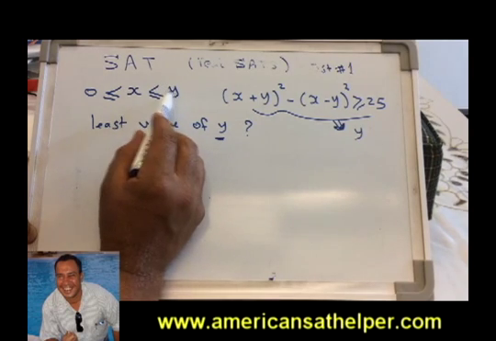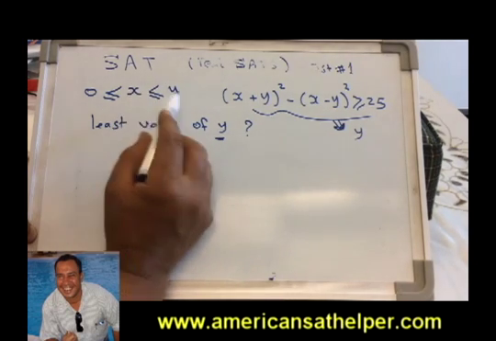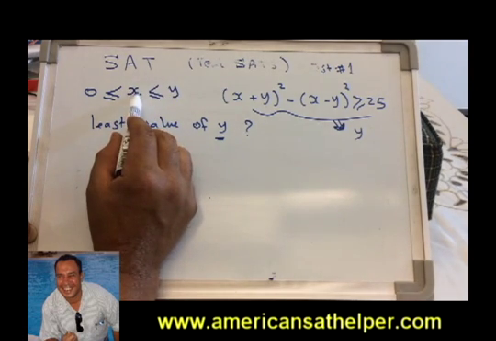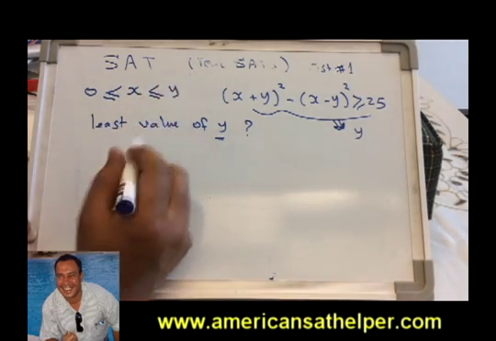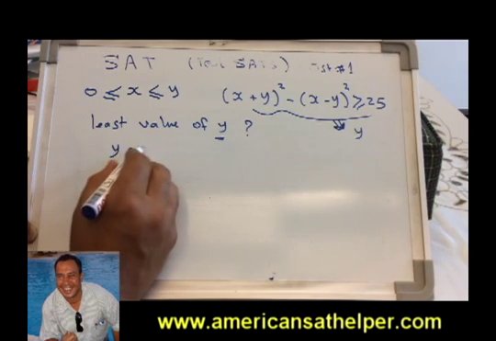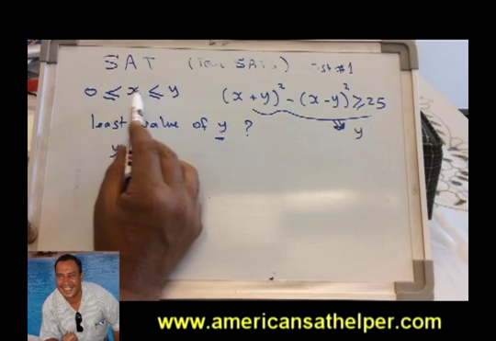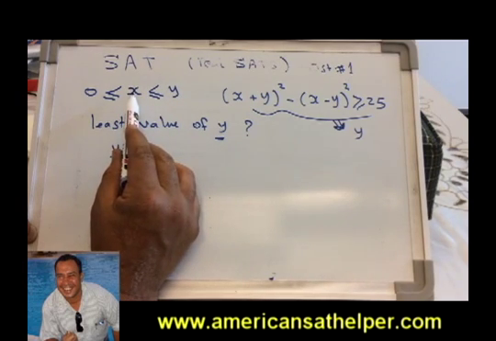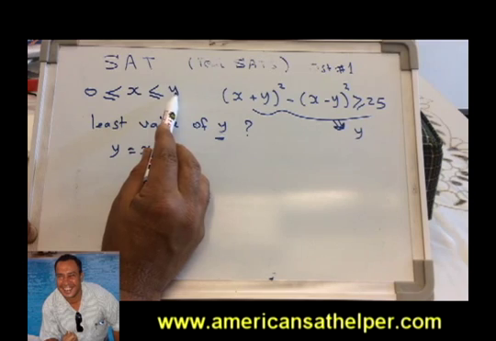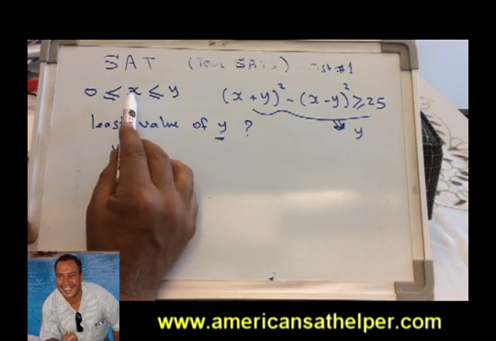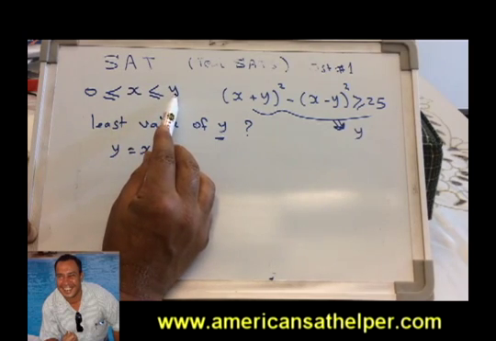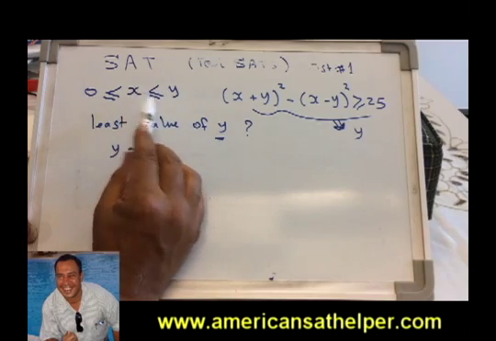But y can equal x. This means the least value of y is x. So y equals x, because y is always greater than x, but y also could be equal to x. So the least value of y is when y equals x.